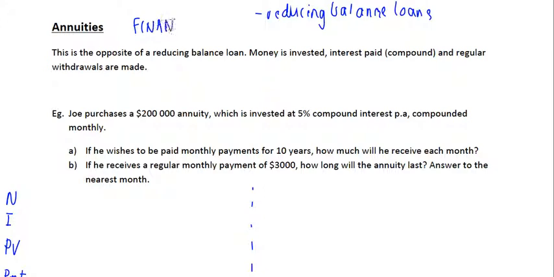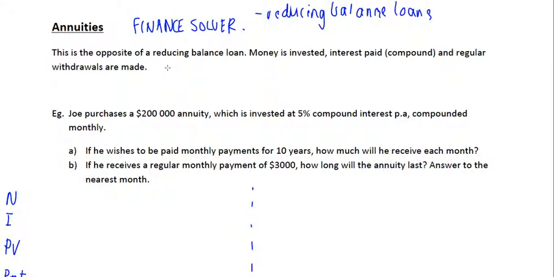So whenever you come across this word here, an annuity, we are going to use the finance solver for that as well. So what is an annuity? Well, what we can do is we can give the bank a sum of money, invest that money in the bank, and that money will earn interest, and the bank can pay us a little bit of money back however regularly we would like, in fact.